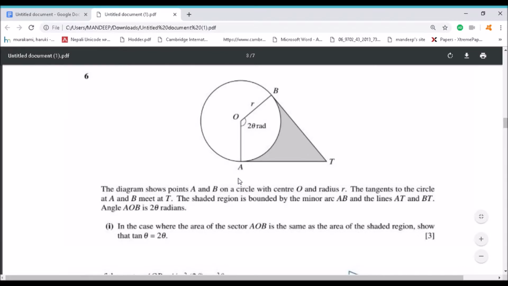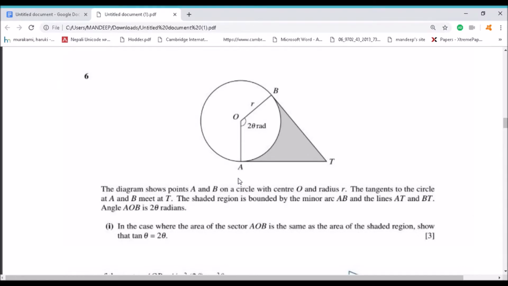Let's do question number 6. Let's read question number 6 first. The diagram shows points A and B on a circle with center O and radius R. The tangents to the circle at A and B meet at T. So this is the tangent, this is the tangent, and they meet at T. Tangent means this is 90 degrees.